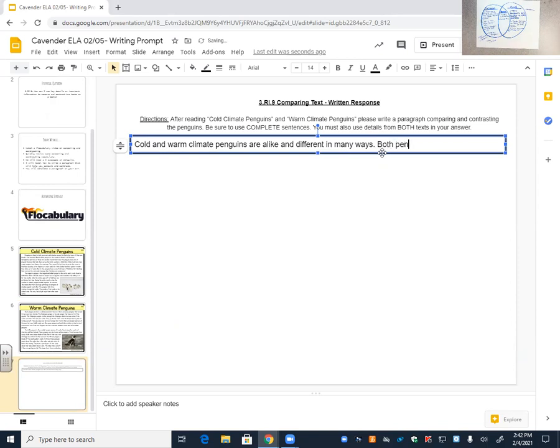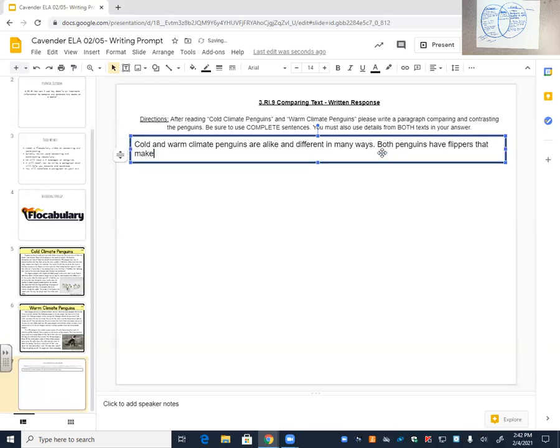So both penguins have flippers that make them great swimmers. These flippers are not wings because the penguin cannot fly. It is a flightless bird.